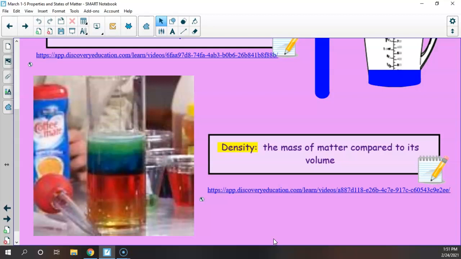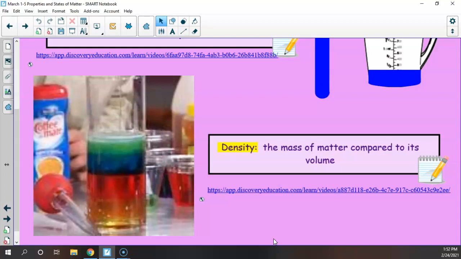Now you think of the mass of that brick with cement as being a lot heavier, made up of a lot more stuff than that same sized brick of styrofoam, because the cement would be more dense than the styrofoam. So think of it that way. Density is the mass of matter compared to its volume.